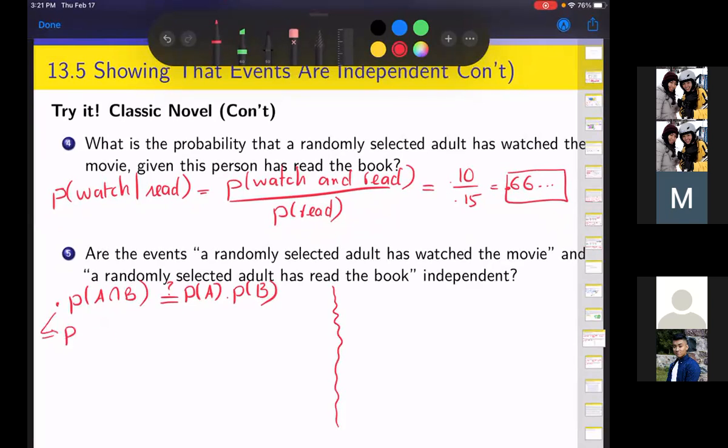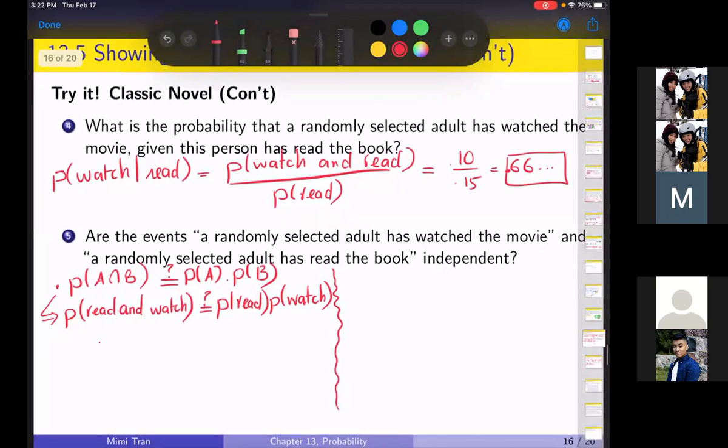So here, P of read and watch is equal to P of read times P of watch. P of read and watch is 0.10. P of read is 0.15. P of watch is 0.45. Does 0.45 multiplied by 0.15 give you 0.10? I don't think so. So nope.